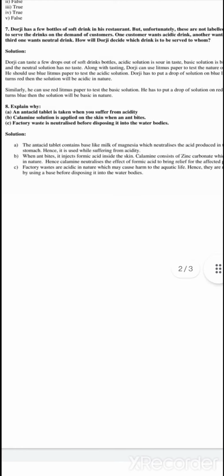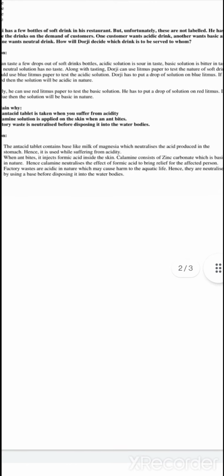So to neutralize the effect of the excess acid, we have to neutralize it with a base. That's why we take an antacid tablet, which has milk of magnesia, which is a base. So when we take this base, it neutralizes the effect of acid.